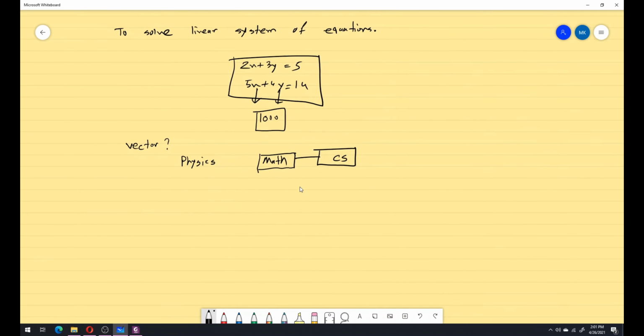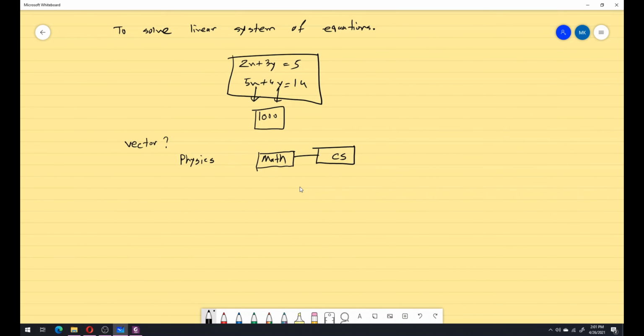Let's say you have a 2D coordinate system. This is the x-axis and this is the y-axis. Let's say this is a vector.